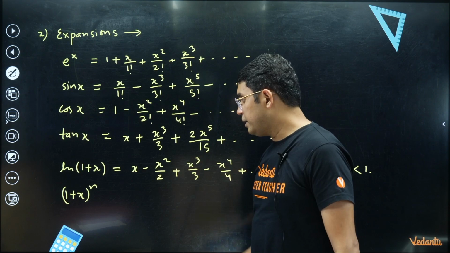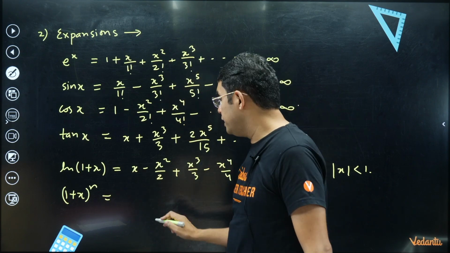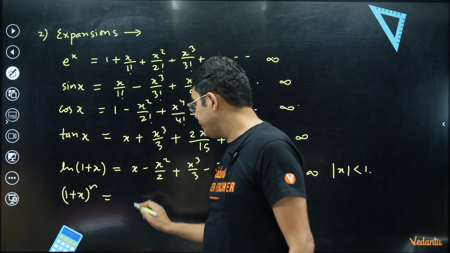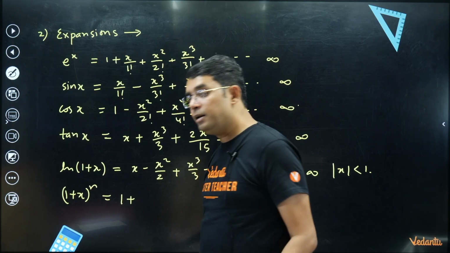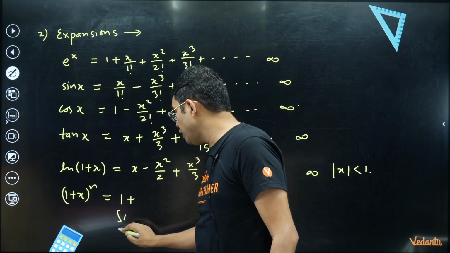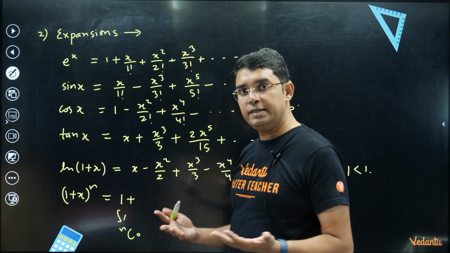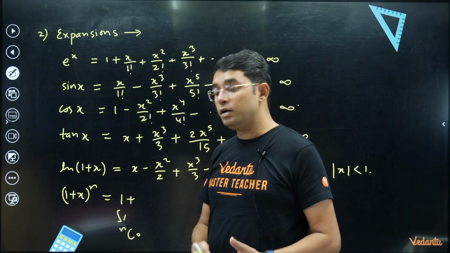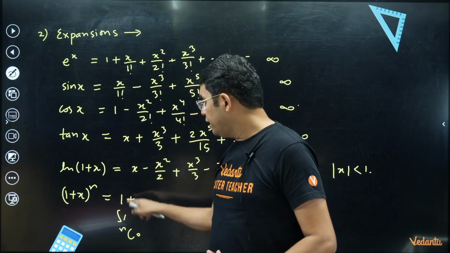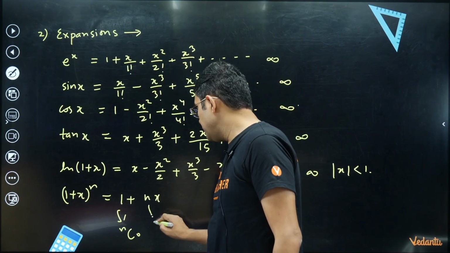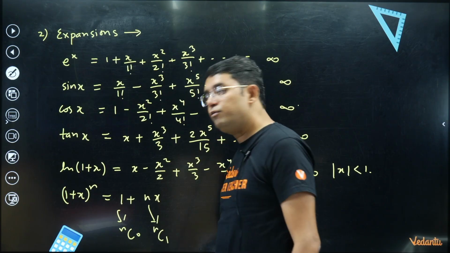In the case of (1 plus x)^n, this will be just a binomial expansion. You just think of nC0, nC1, but write 1 in place of nC0. If n was a natural number, then writing nC0 or 1 is the same thing. But if it is not a natural number, then nC0 is not defined, so we write 1. The next term would be n into x; this n is coming from nC1.